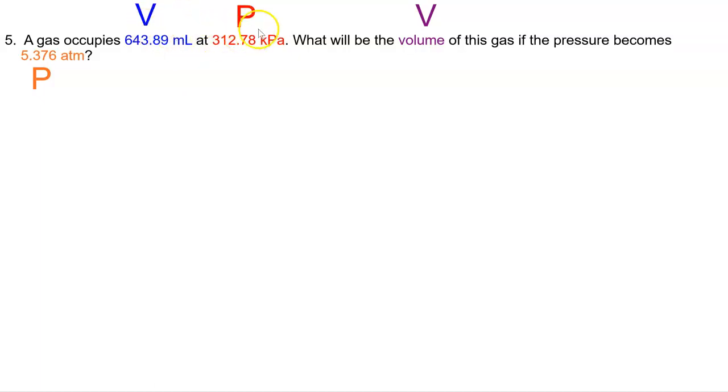So these are together, so they have to be the same thing, meaning these happen at the same instant in time, so they both should have the same subscript. I went ahead and made them 1s, and then this is a volume later, and this is the pressure later after time has passed. So the labeling is extremely helpful and important. Please consider doing that as you work through these problems.